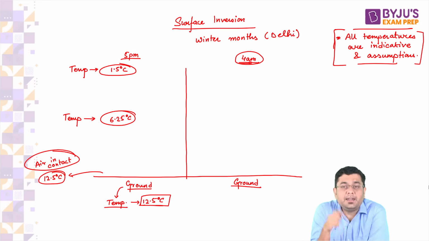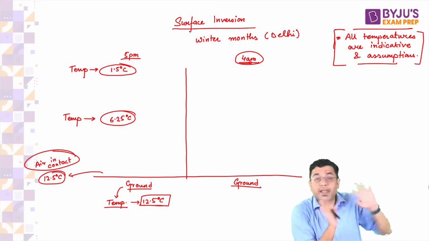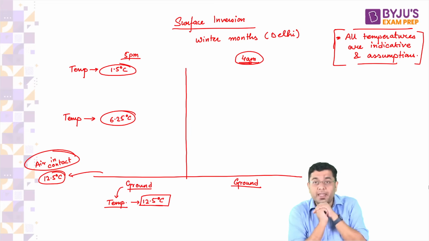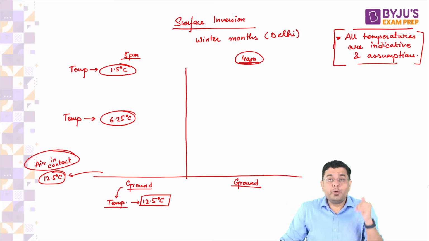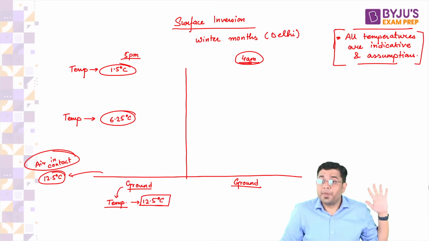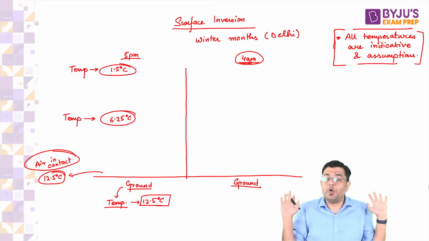So, as that heat is being lost consistently, the ground will get colder. Now, please don't get into the conception that when the ground loses heat, the air above it gets heated up. That is not what happens. Please understand, if that would have been the case, then as you would have moved higher up, the air would have gotten warmer. It is not the case that the ground loses heat, so the air will get warm.